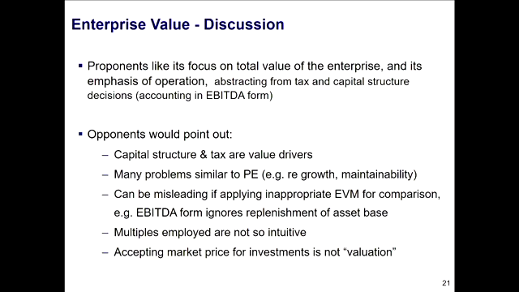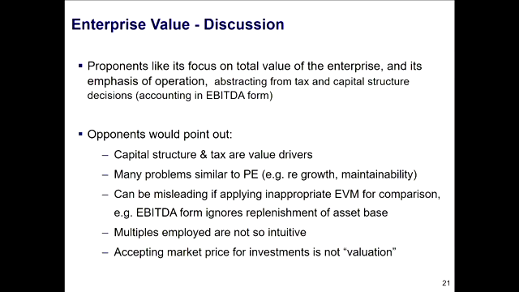instead of having the PE. With the PE multiple, we have the operation of the company, non-operating assets, and capital structure fall into one single thing, and we cannot disentangle one from the other. But with enterprise value multiple valuation, we do have a focus on the operating assets of the company.